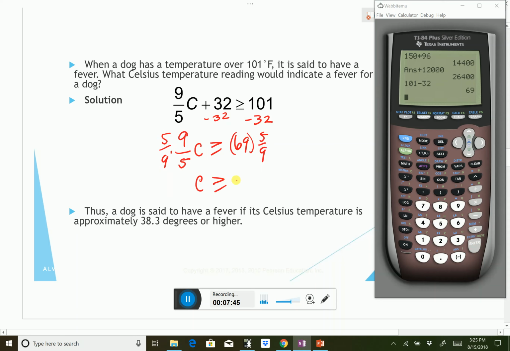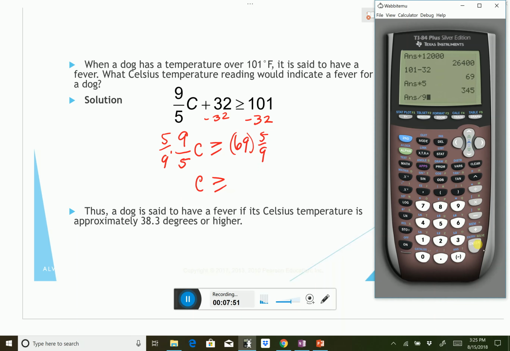C is greater than or equal to 69 times 5 divided by 9, 38.3 degrees. Well, that's repeating, but if the dog has a fever, its Celsius temperature is approximately 38.3 degrees or higher.